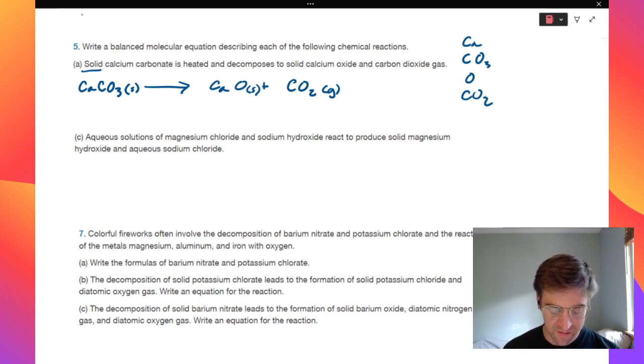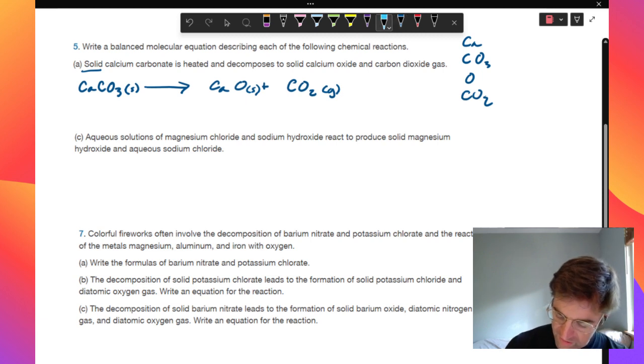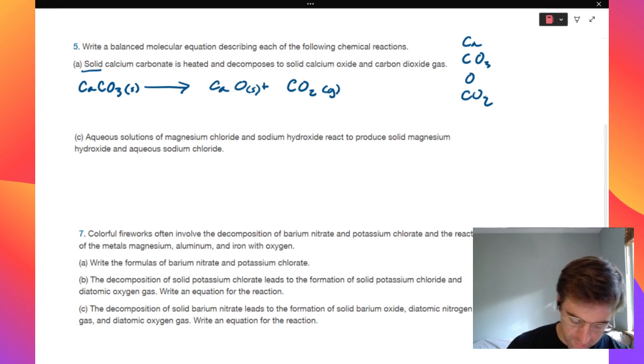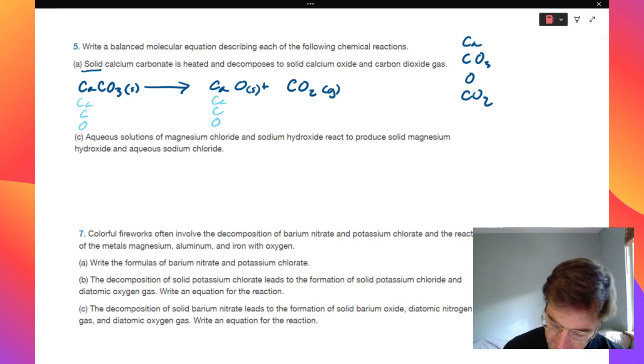Are they balanced? So let's do a little bit of accounting, and I'm going to do this in a different color so that it's easier to tell. But we can just write each species on our reactant side and on our product side and just count them up.